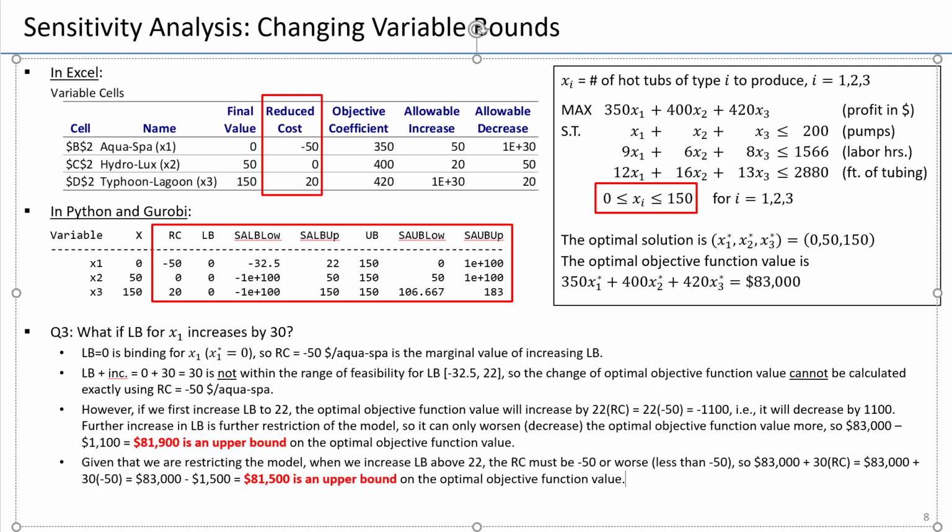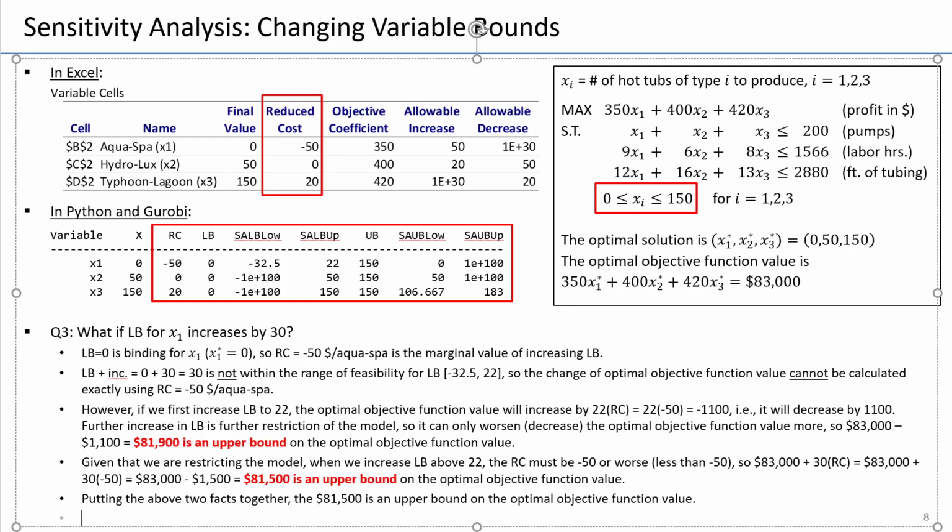What about the solution? Putting the above two facts together, 81,500 is an upper bound on the optimal objective function value. And what about the solution?